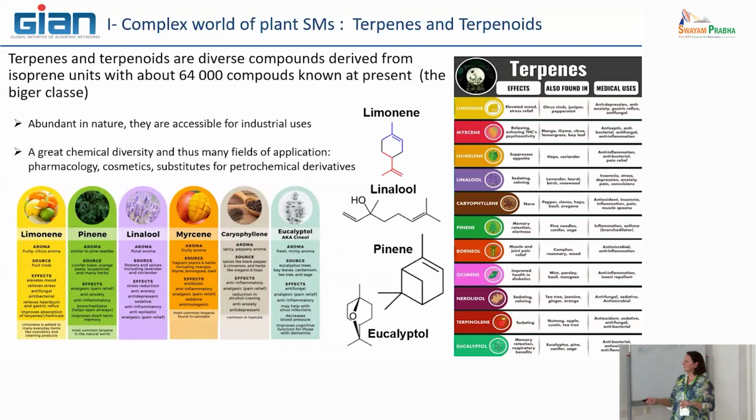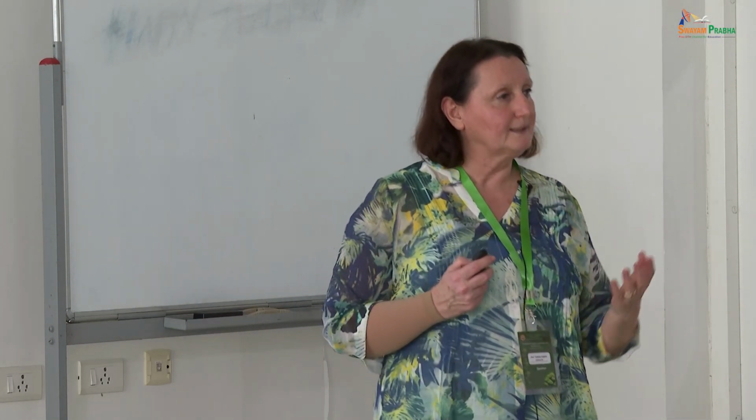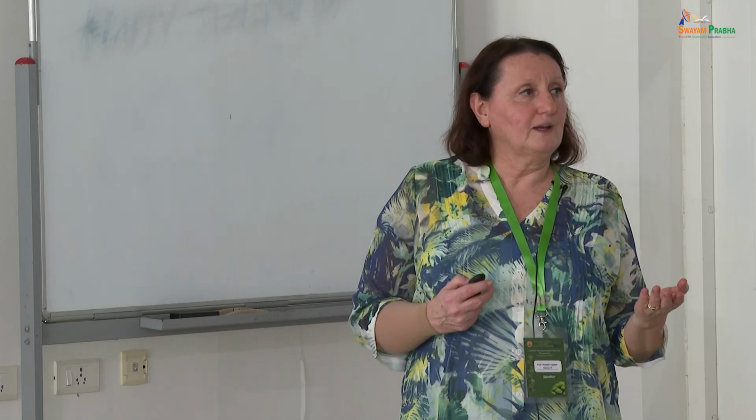And after, for example, for pinene and eucalyptol, which are very well known and very well used, you can see that not only do they have rings like limonene, but also in the rings they have some specific other type of modification. For example, here there is what we name an epoxidation, which is very efficient to give a new biological activity to this molecule.